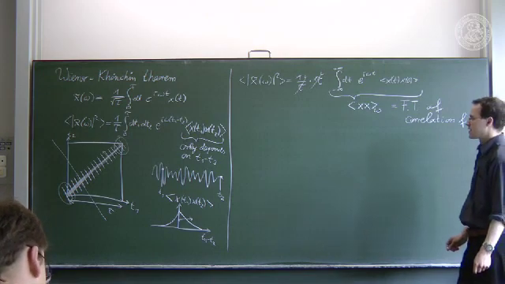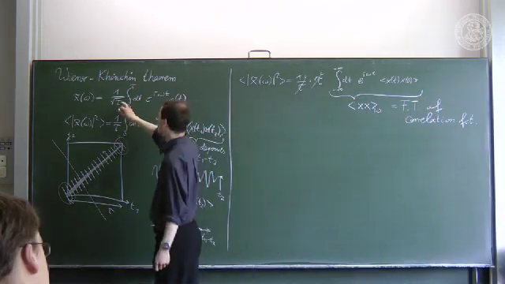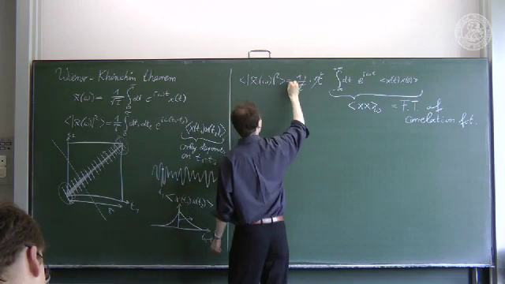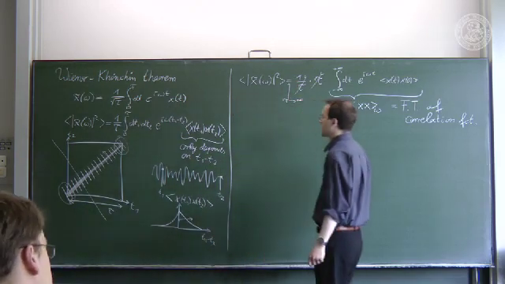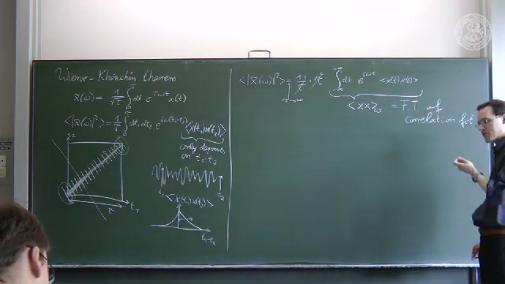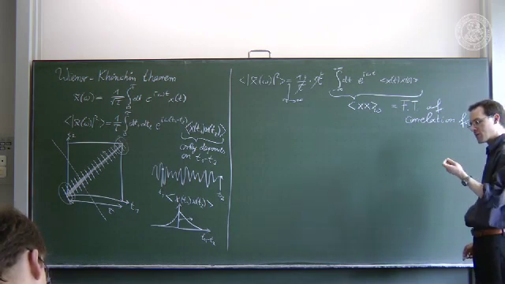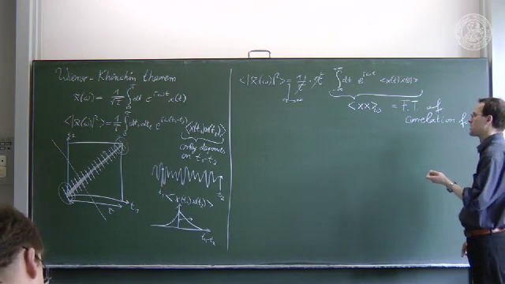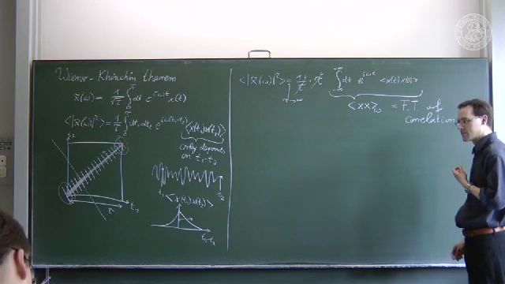What it tells you is that if you take the limit of tau tending to infinity, then the average of the Fourier transform squared of a particular realization of your noise process is equal to the Fourier transform of the correlator.